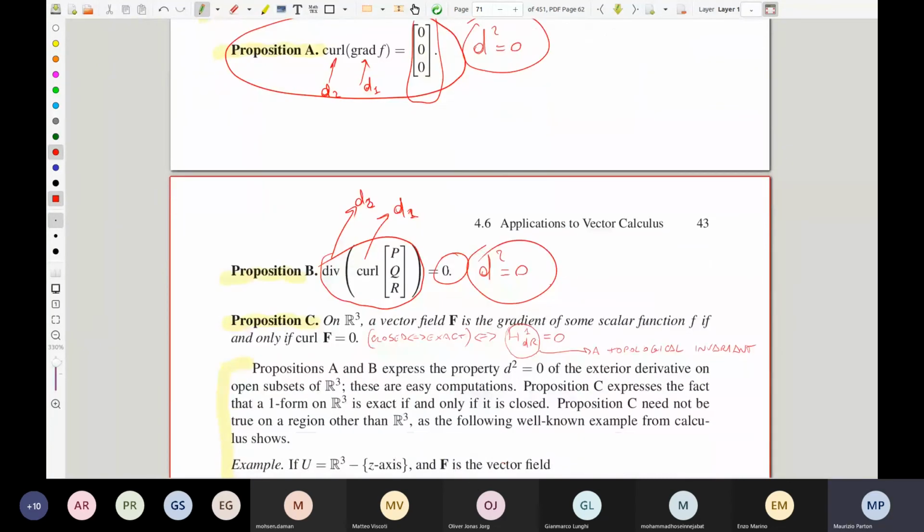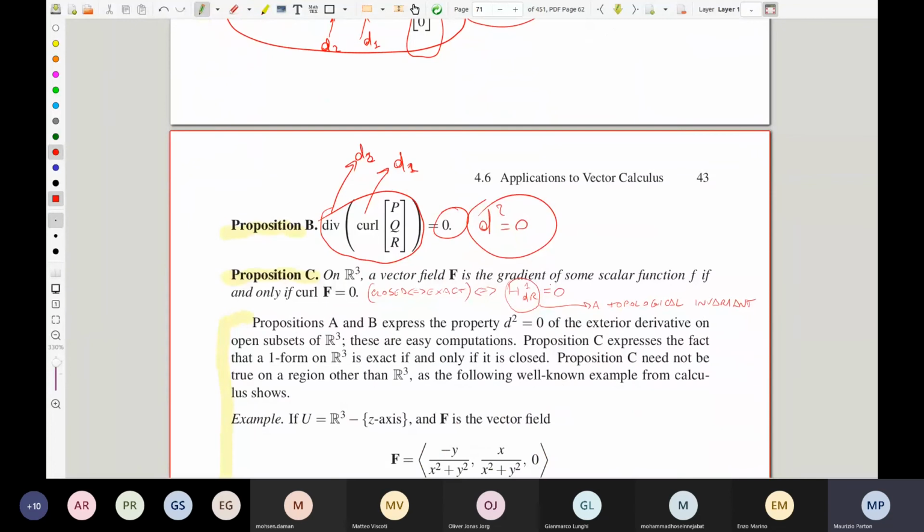But the gradient of a gradient is not 0, because the gradient is taken on a function. Dimensionally, you can't take the gradient of a gradient. This gives you 3 functions, so you can take only the next step, which is the curl. You could take the divergence, but it doesn't work in this correspondence, because these are different spaces.